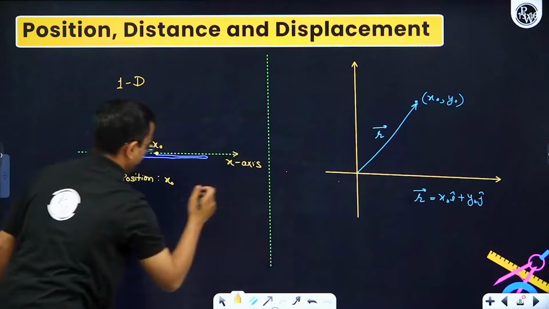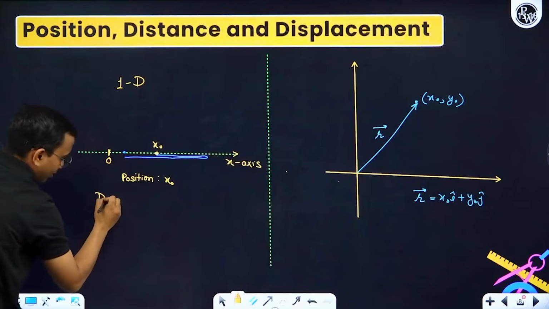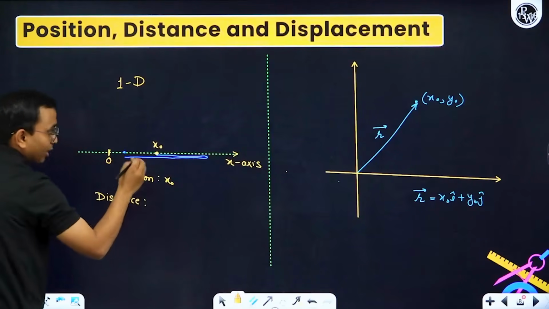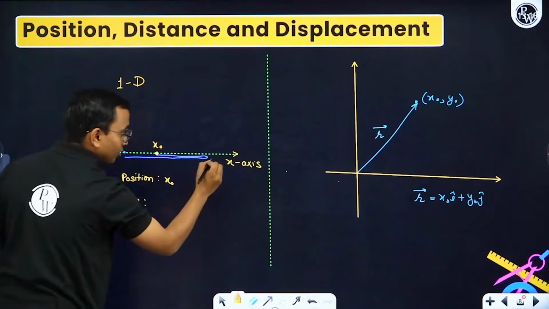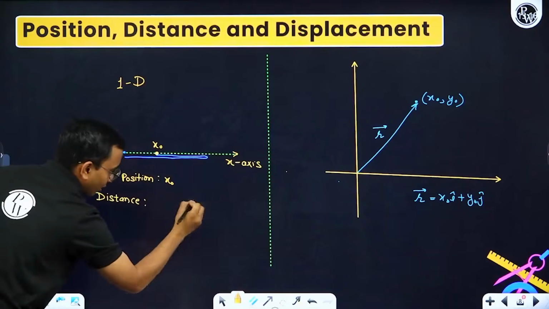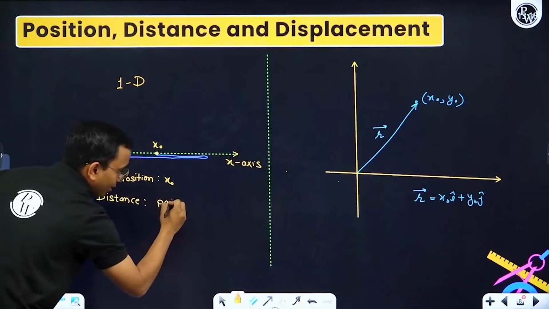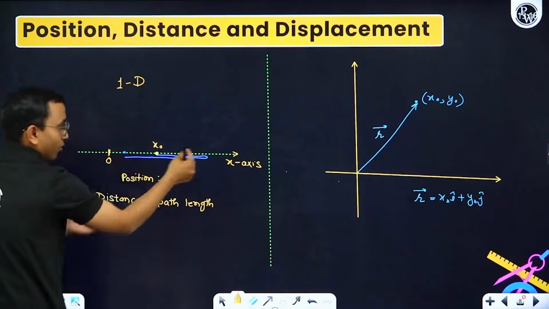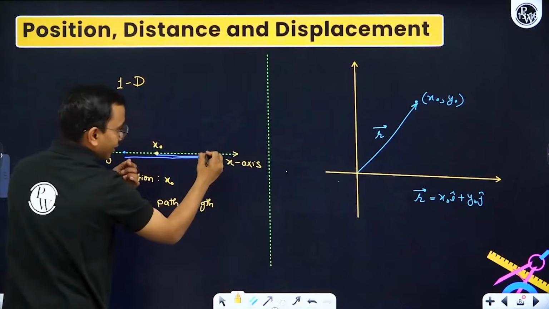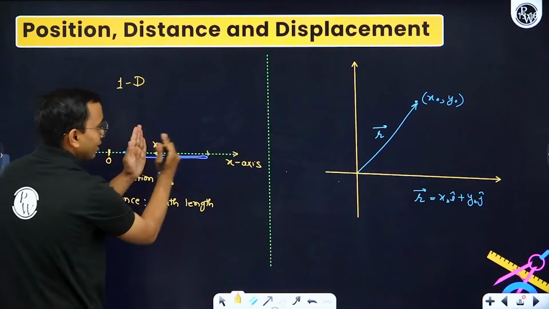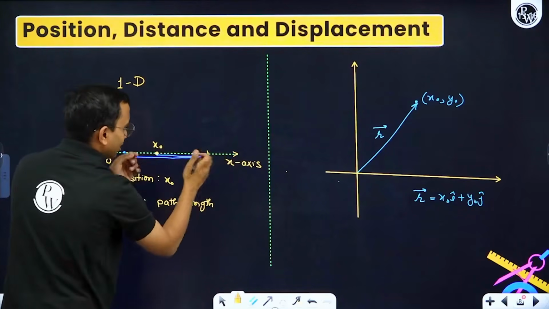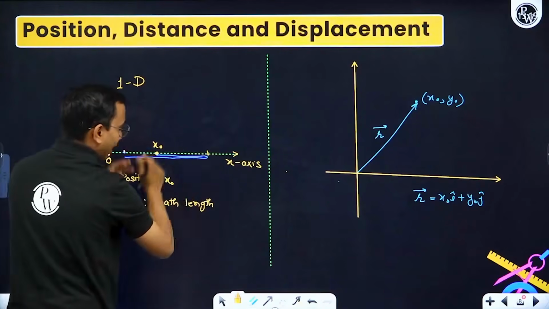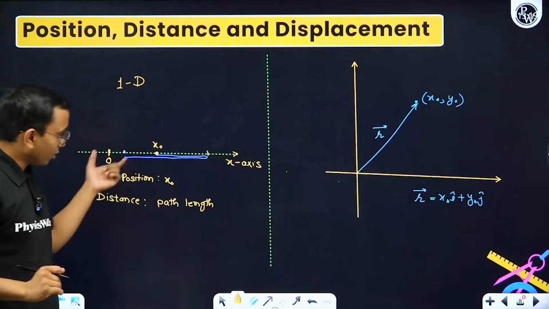So the distance is my total path length, this plus this. You find the coordinate at this particular point, take the difference, you'll get this length, plus the length for the other part, and add the two, so that becomes my total path length.